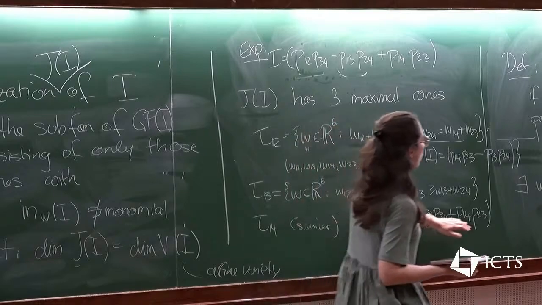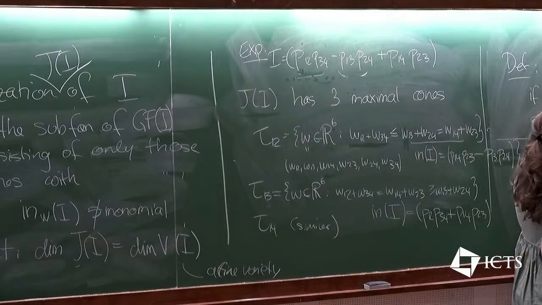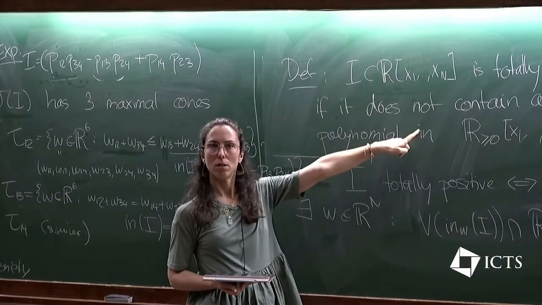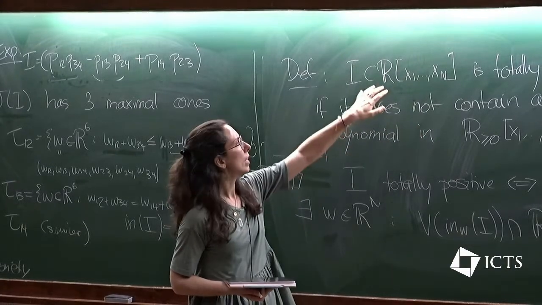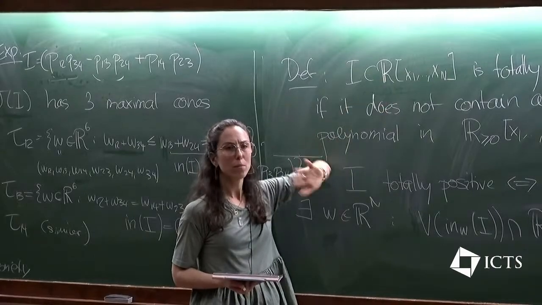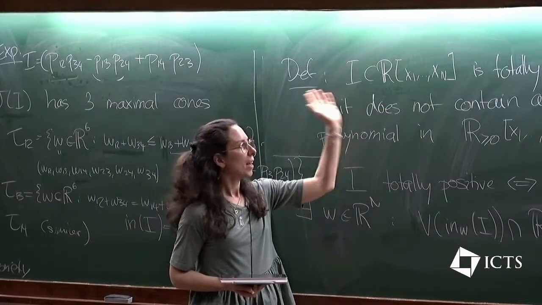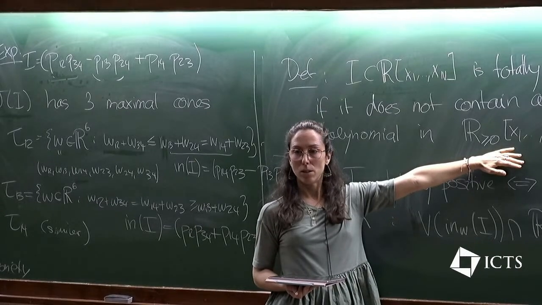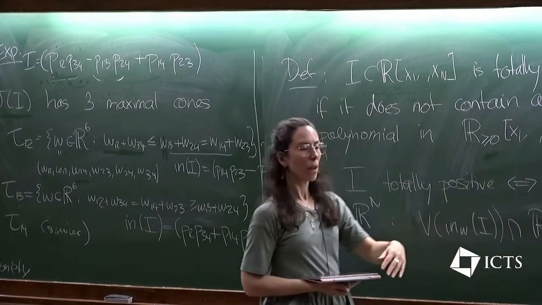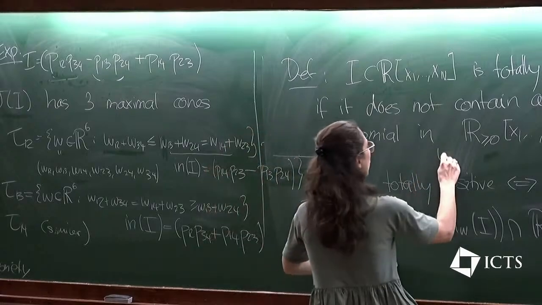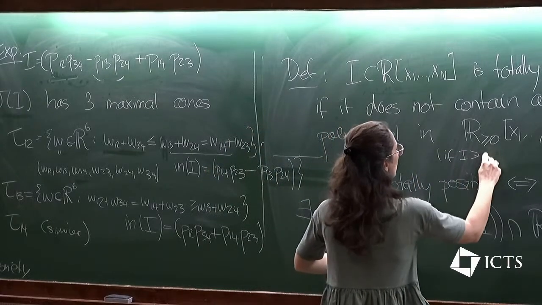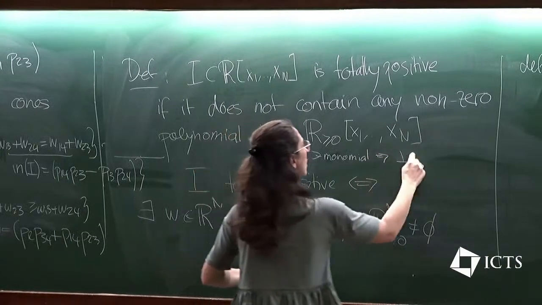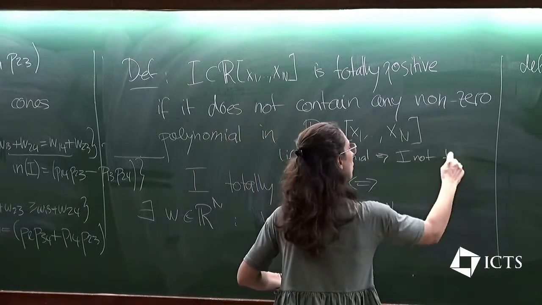So first of all, we can notice here that if my ideal contains a monomial, it violates this condition. Any monomial, so an ideal containing the monomial, it doesn't matter what coefficient it has. I can change the coefficient and it will be a non-zero element here. So if I contains a monomial, I is not totally positive.